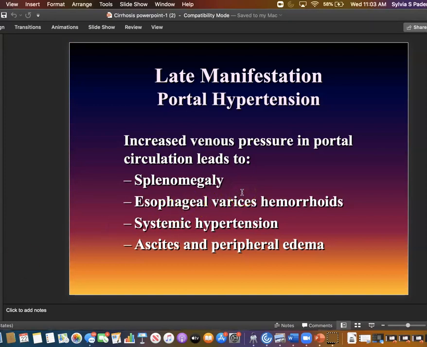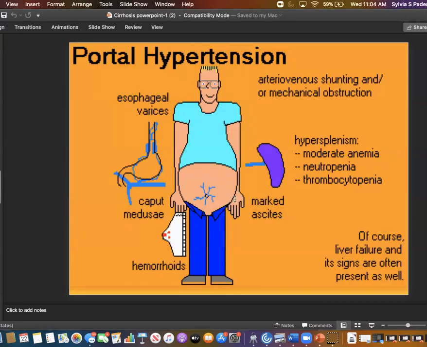Portal hypertension, remember the portal vein from the initial photograph. So there's increased venous pressure in the portal circulation, leading to splenomegaly, esophageal varices, hemorrhoids, systemic hypertension, ascites, and peripheral edema.